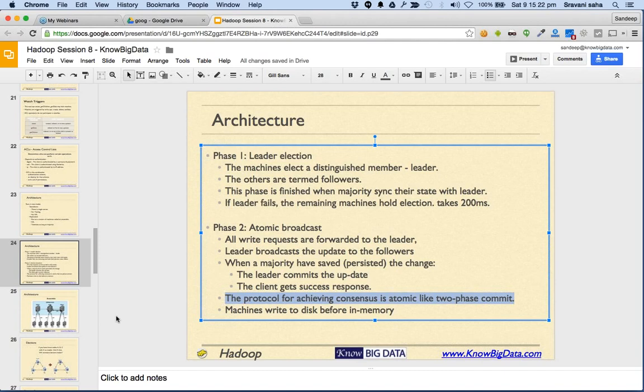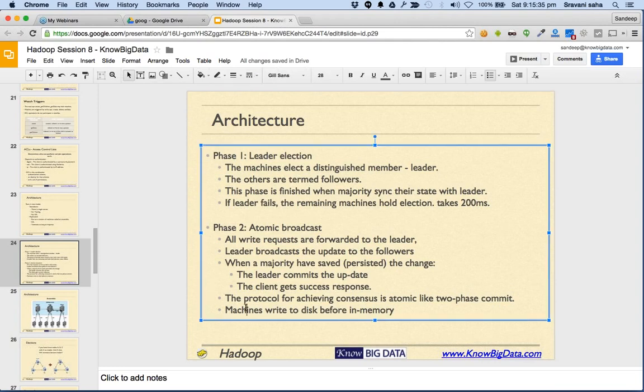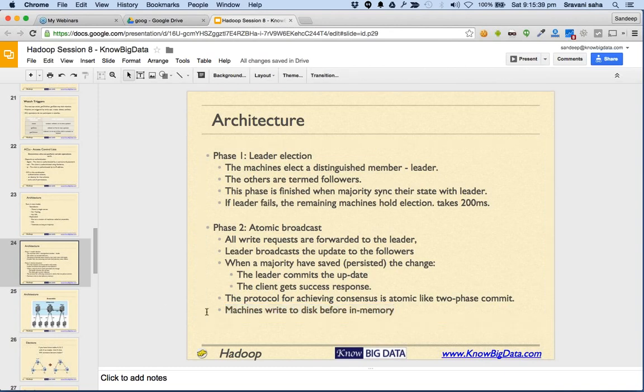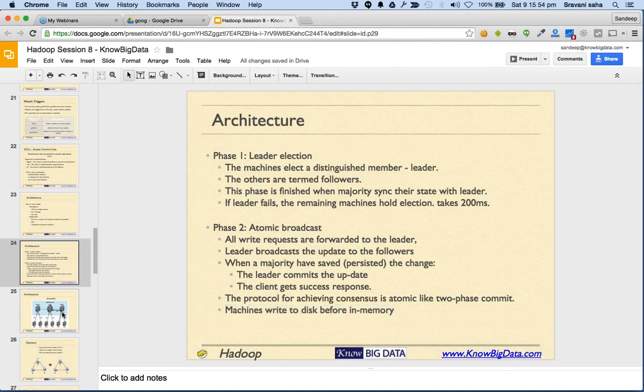And since saving to a node is an atomic mechanism, you can consider it as if it's a commit. Also, one interesting fact about Zookeeper is the machines write to the disk before memory. Therefore, what does it mean? It means the writes are a little bit slower because it has to make sure the majority has persisted. Therefore, writes are slower, but there is a guarantee of consistency.